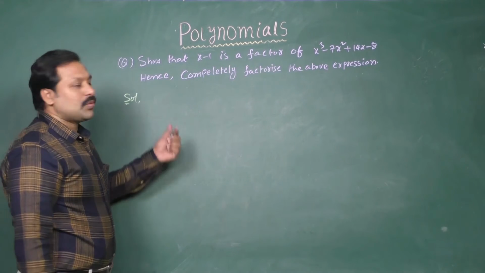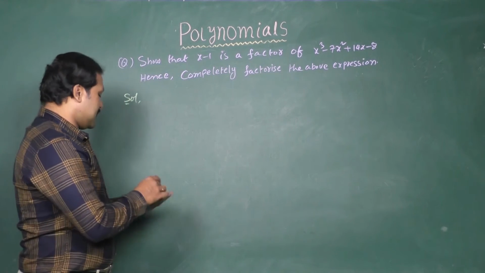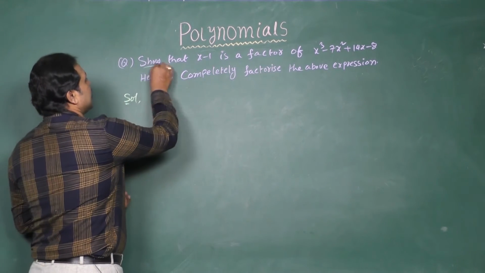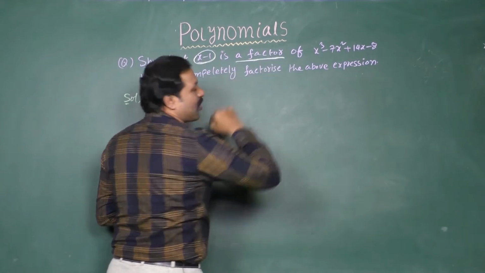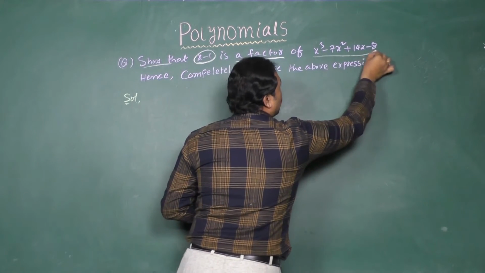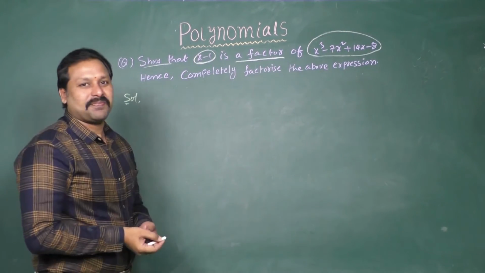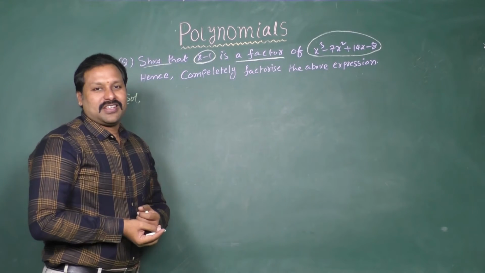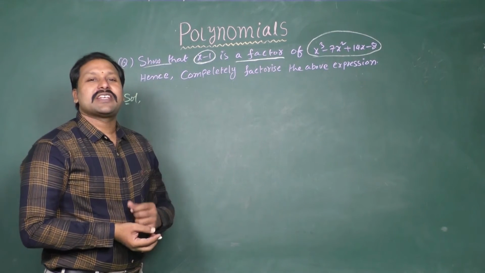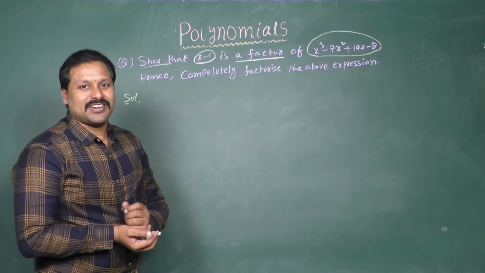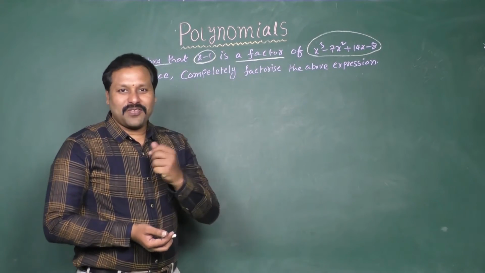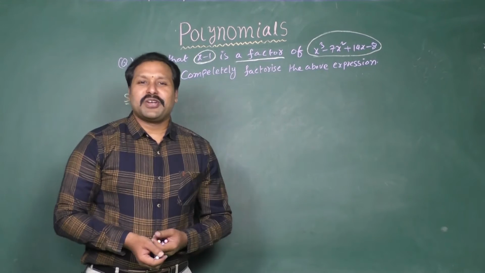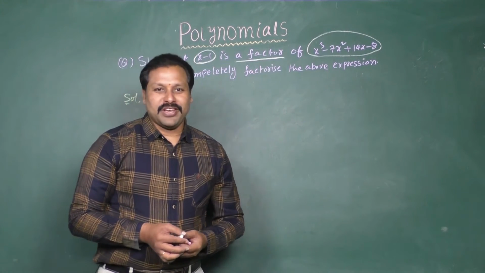So here we have two questions. The first one is, show that x minus 1 is a factor of the given polynomial. By using the factor theorem, you should prove x minus 1 is a factor of the given polynomial expression. Write down the given polynomial.